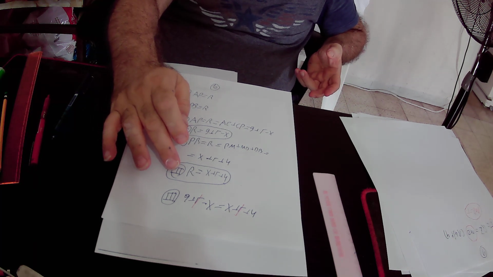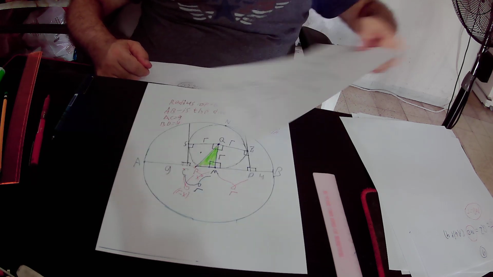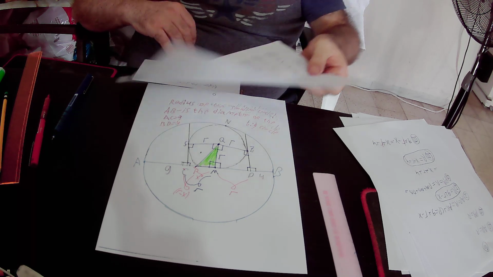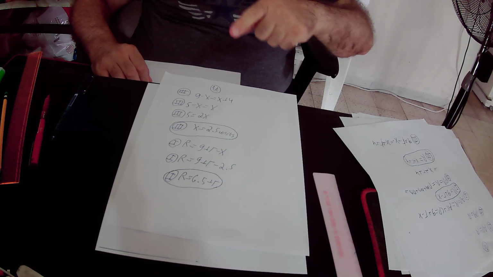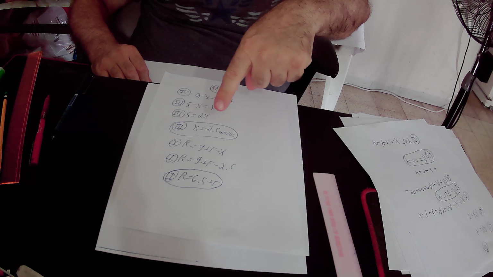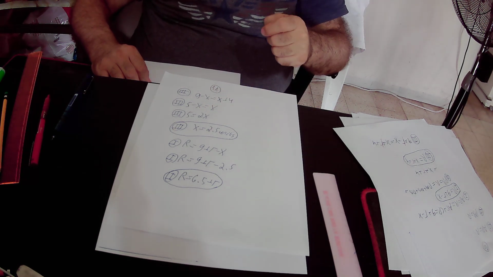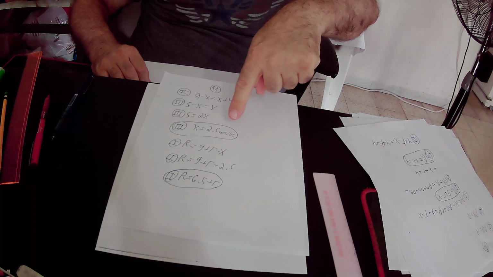Okay, that is equation number 3. So from equation number 3 we got that x equals 2.5 units, and we have equation number 1 that states that capital R equals 9 plus r minus x. So we can substitute x in equation number 1 by 2.5 units.